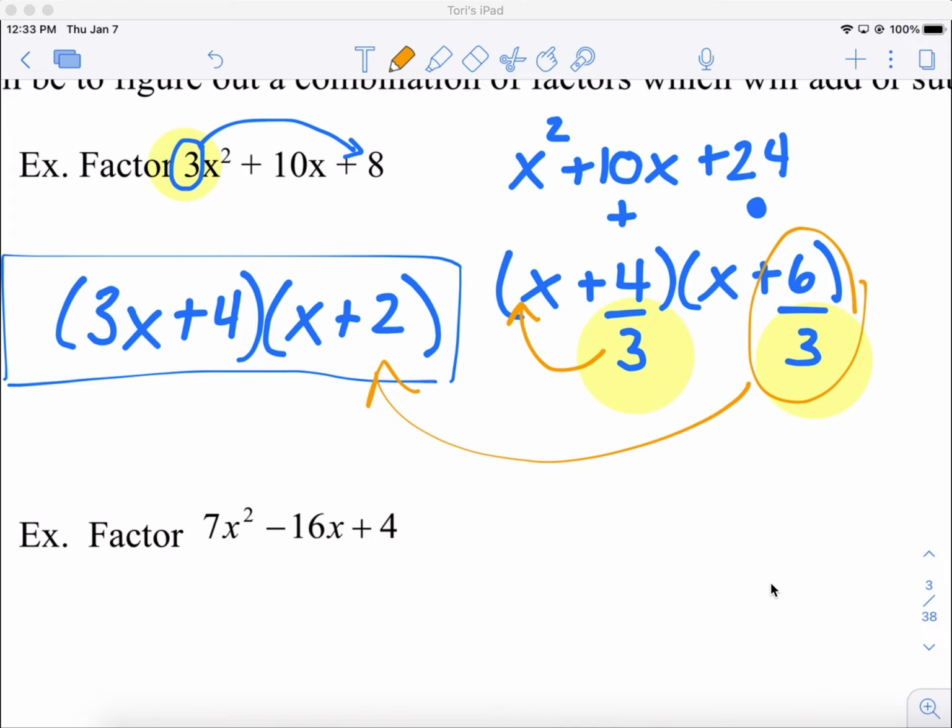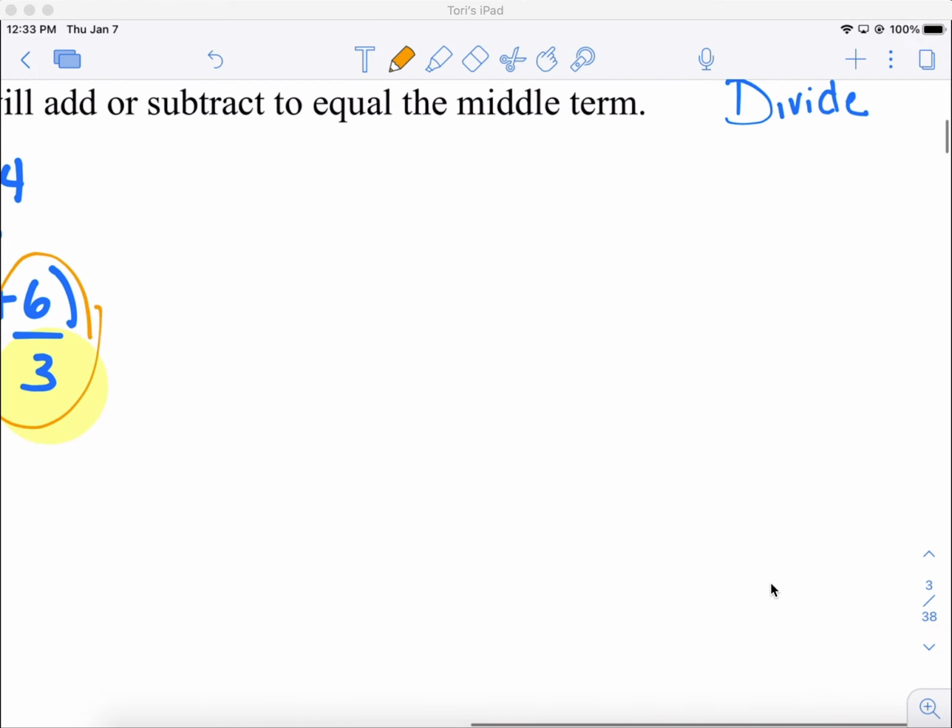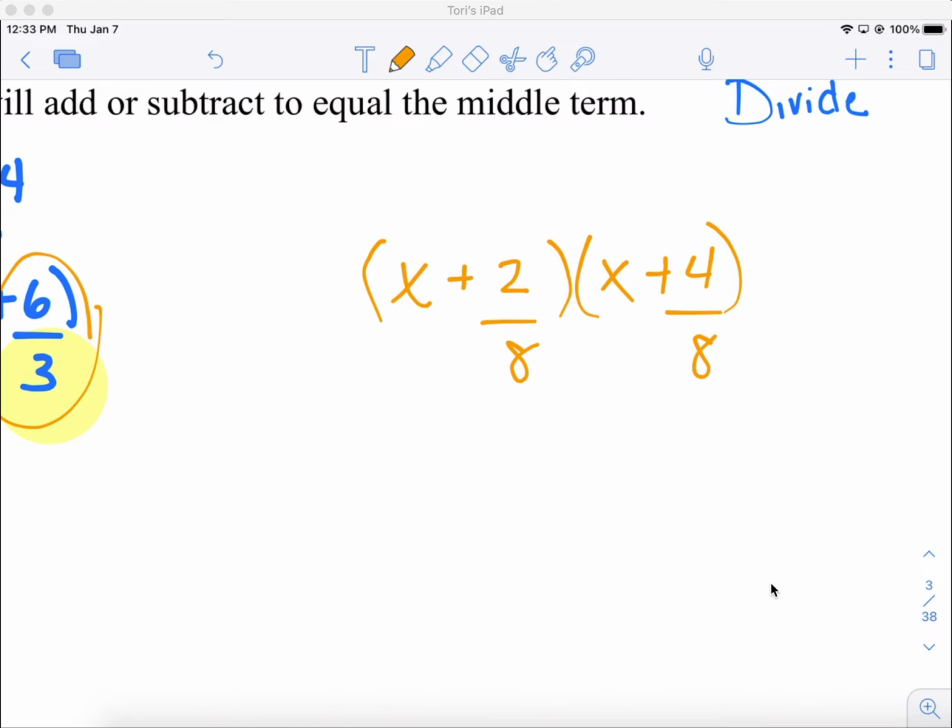A couple scenarios I want to remind you about though, you don't have to write this down, just look. If you ever ended up with something like, let's do 2 and x plus 4. Let's say your divide number was an 8. Even though 2 doesn't divide by 8 and 4 doesn't divide by 8, you could not write it like this, okay?